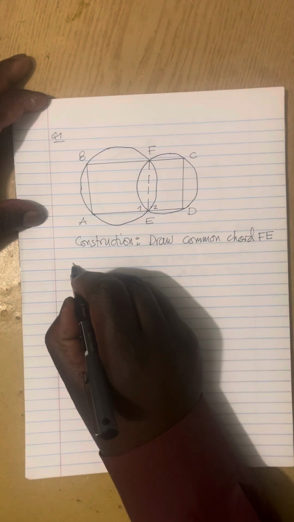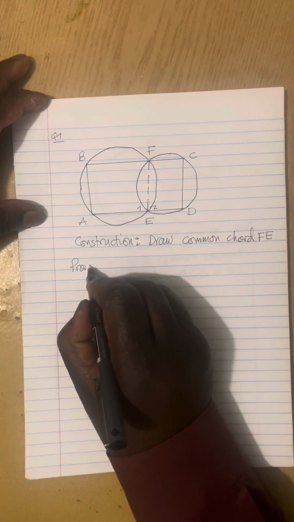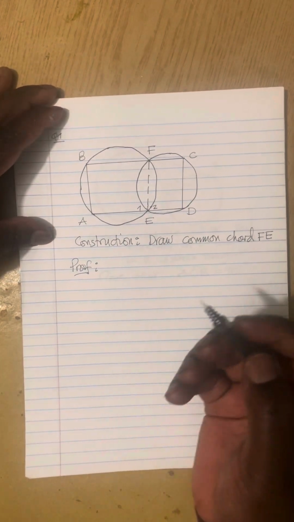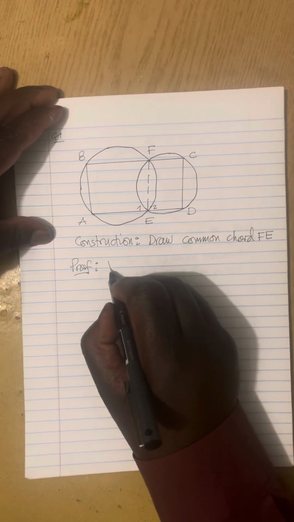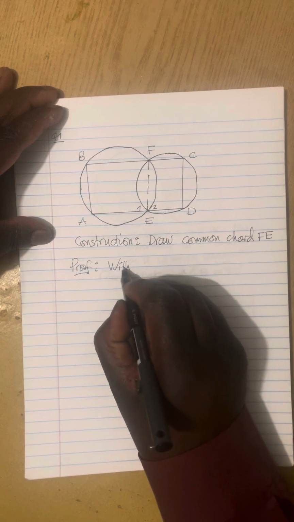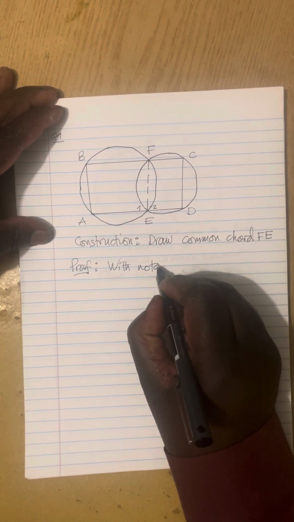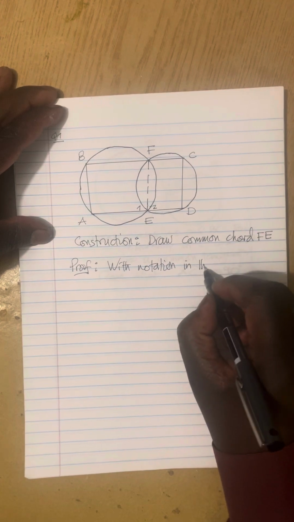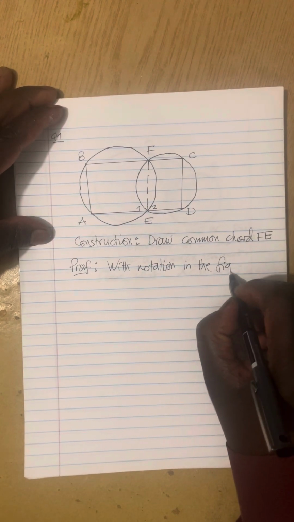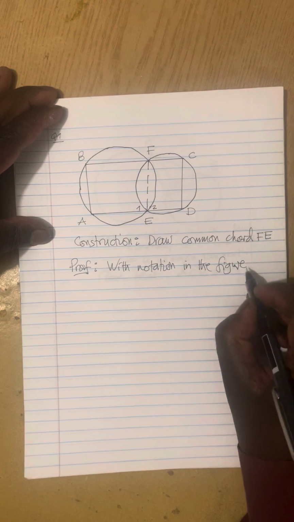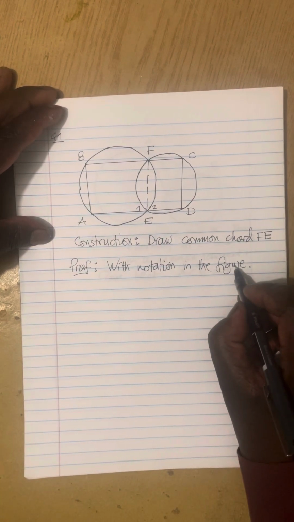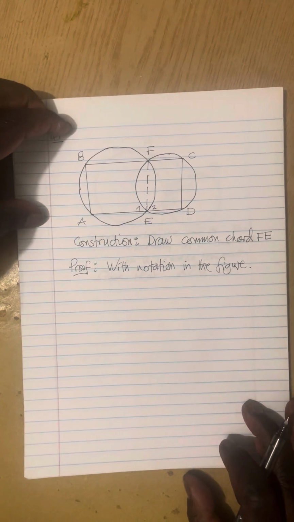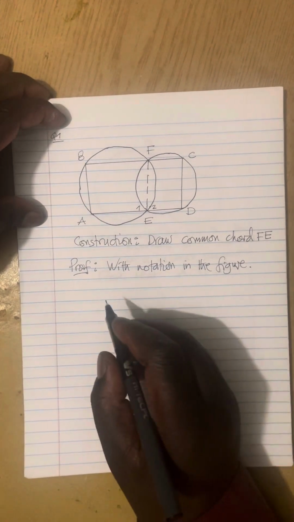Now, let's go straight to proof after stating our construction. So, we're going to say, with notation in the figure, I like to say that you don't have to, but I like to say that with the information shown in the diagram, what do we know?